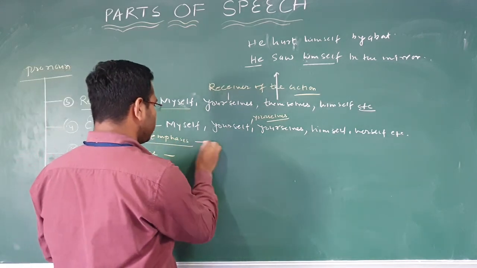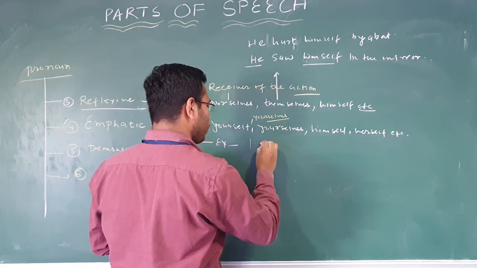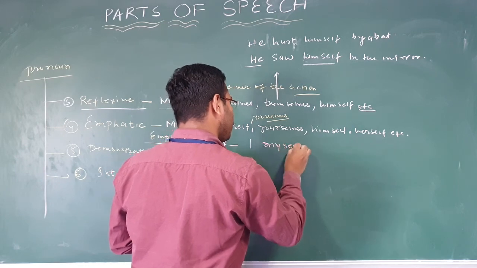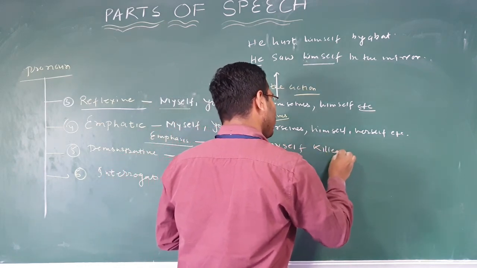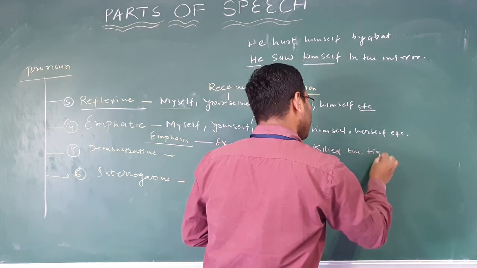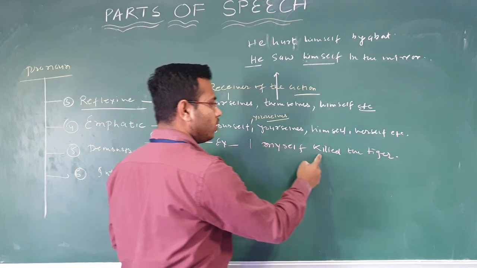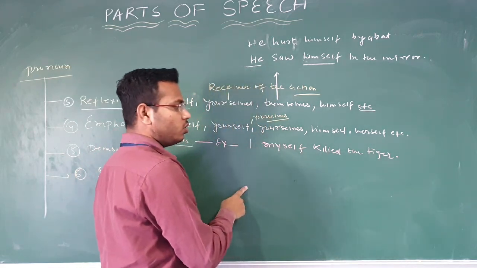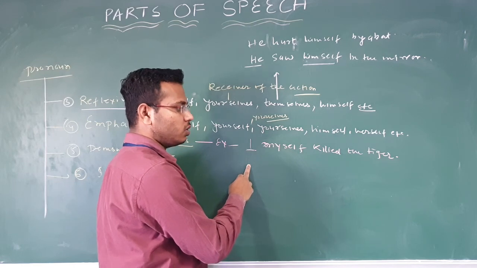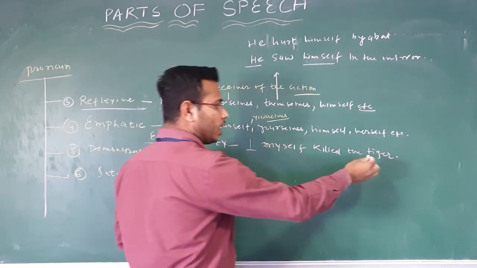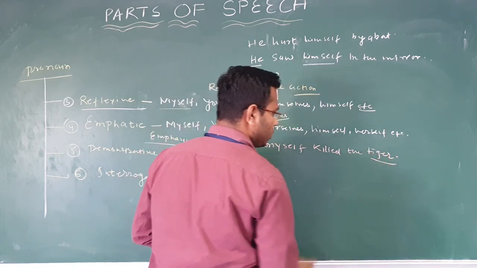Let's see examples. I myself killed the tiger, right? So, I myself killed the tiger. Who is the doer of the sentence? I. Who is the receiver of the action? Tiger. Tiger is receiving the action. Who has been killed? Tiger has been killed.